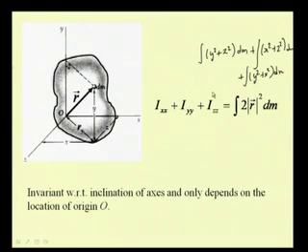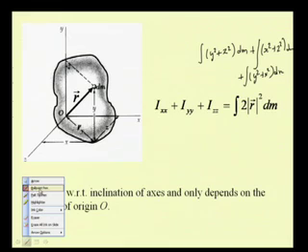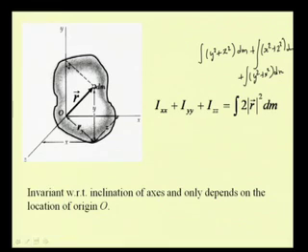So, thus we see that this quantity, that is the summation of the second moments with respect to the principal axes x, y and z, is invariant. That means it is equal irrespective of any coordinate system that we may take. So, let us take another coordinate system, say x prime, y prime, z prime, which is a rotated coordinate system.